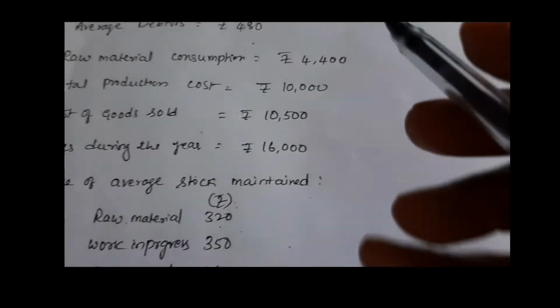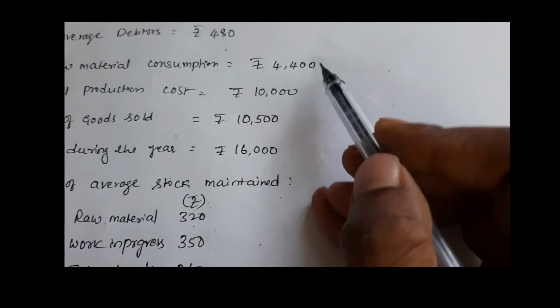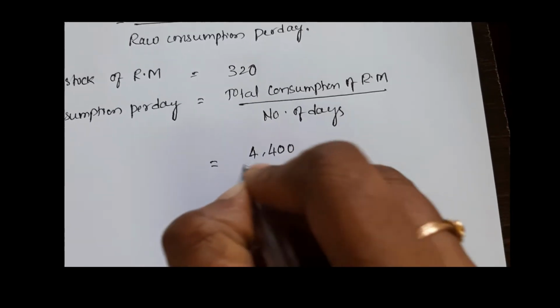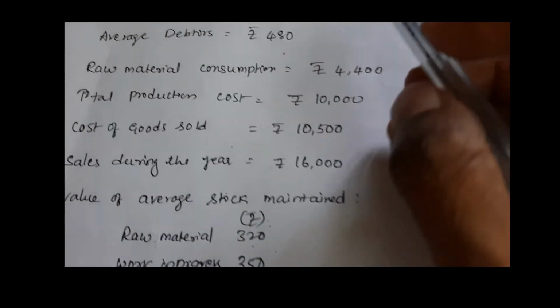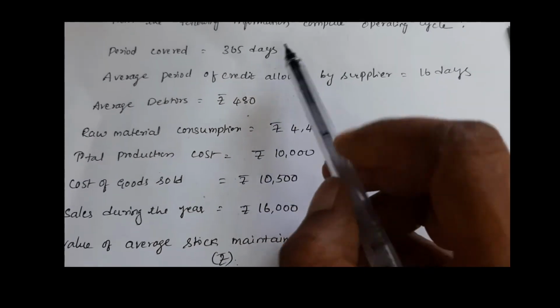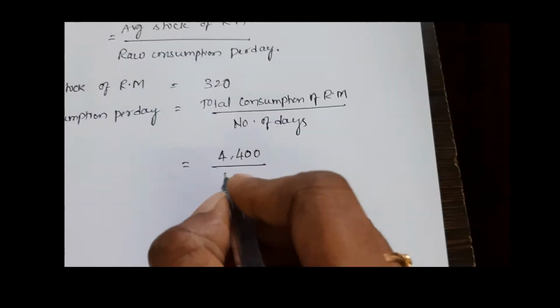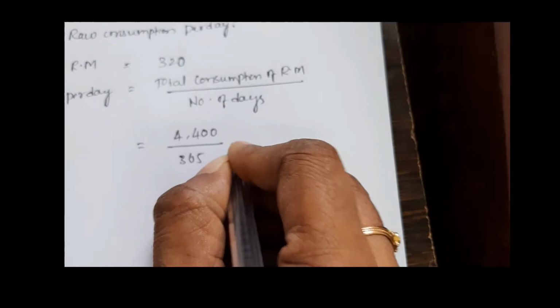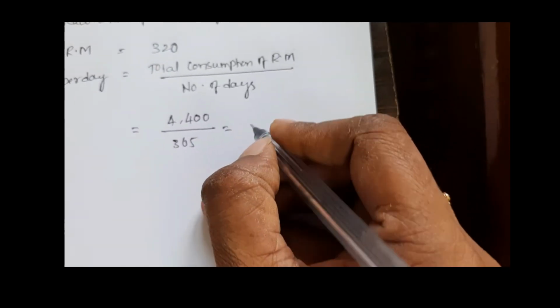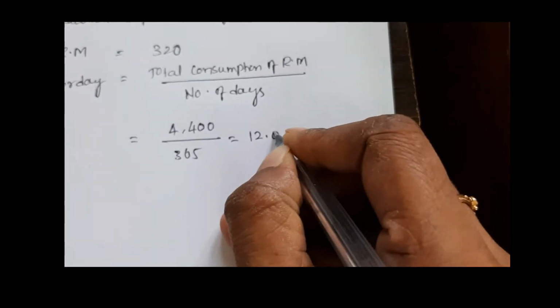Total consumption of raw material is given as 4400. So 4400 divided by period covered, 365 days. So the number of days will be 365. So this is going to be 12.055.